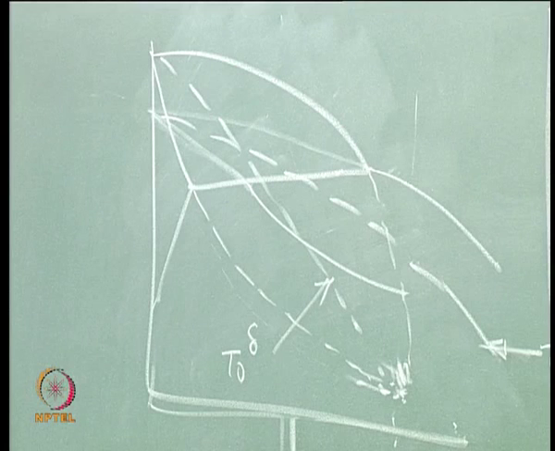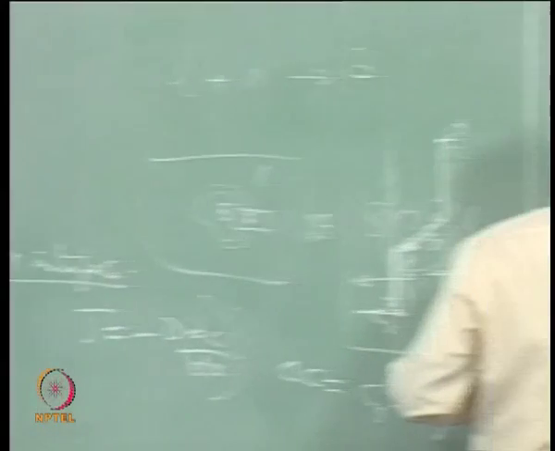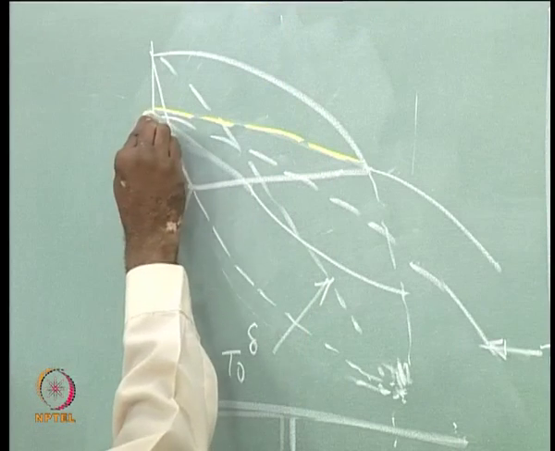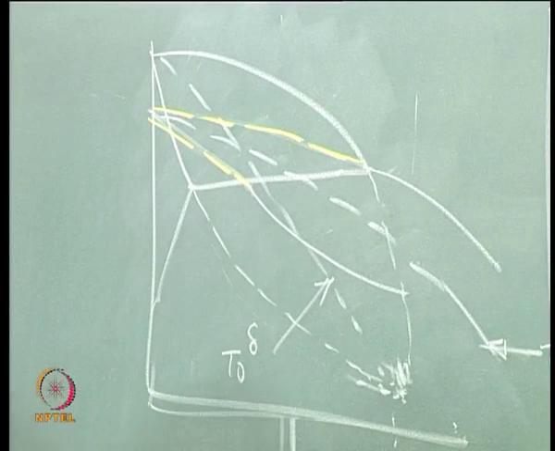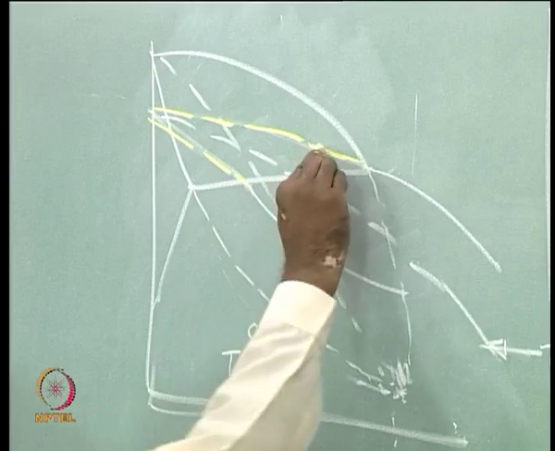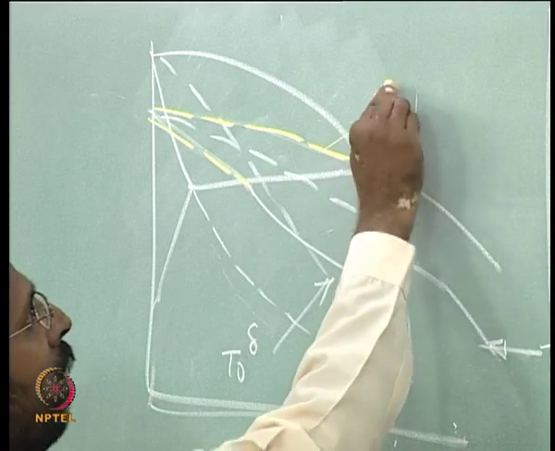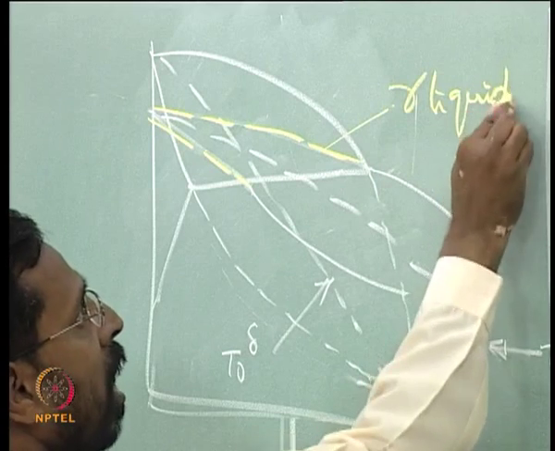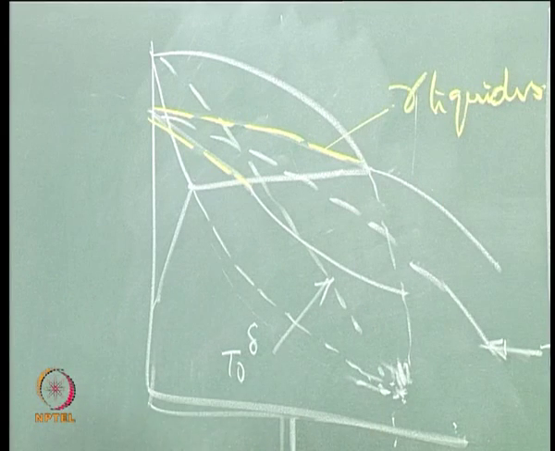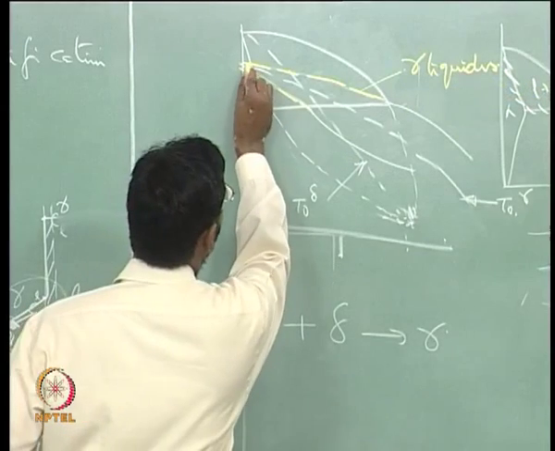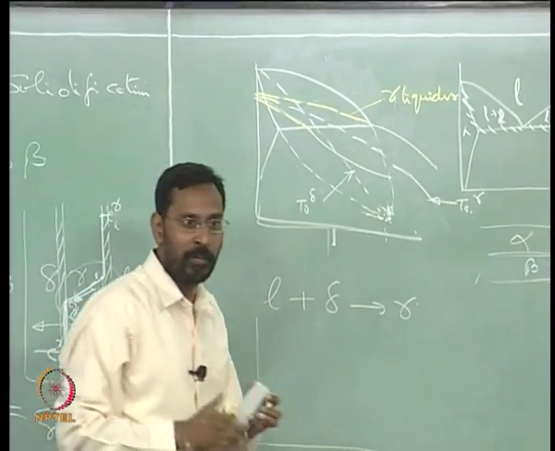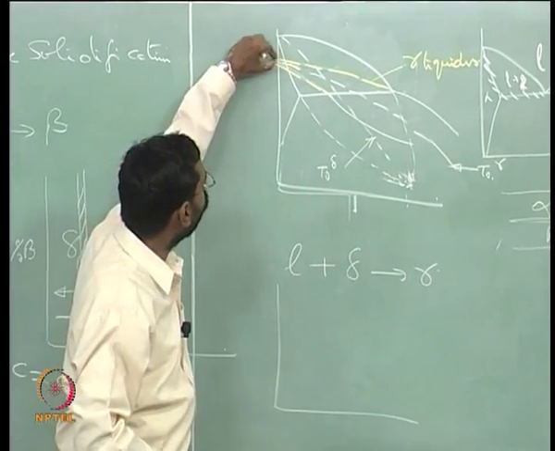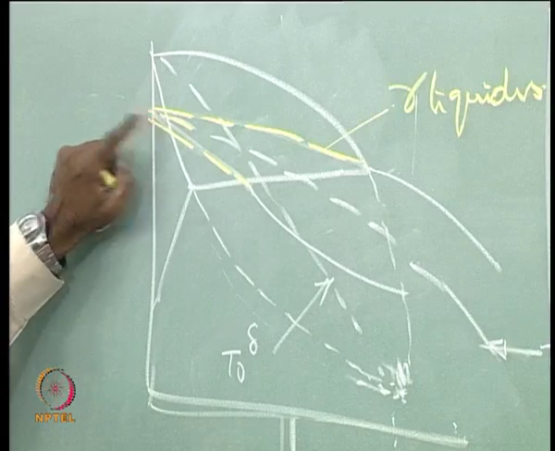So, you can see clearly now, the extrapolation of this is the gamma liquidus for me, and as a result this would be for me. Be very careful, these two lines have to meet at a point.